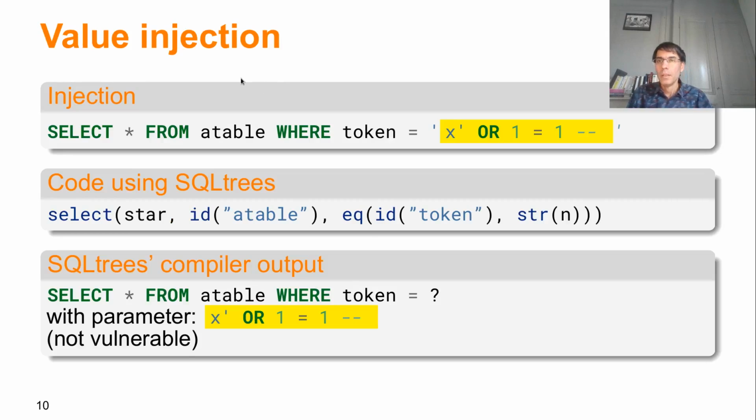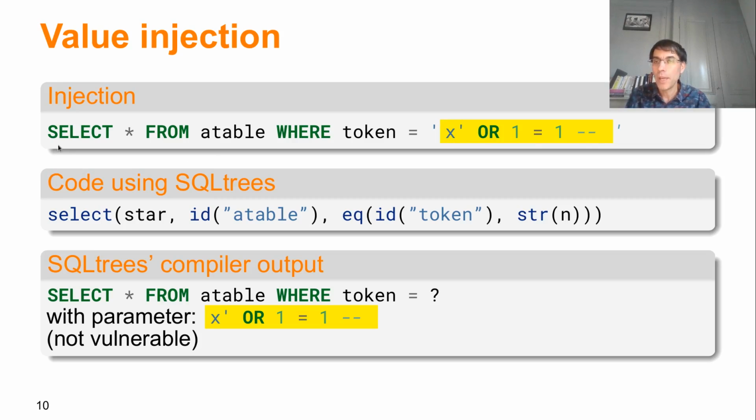Okay, if we have a look at our first example, how does our library work with this example? So the injection was select star from a table where token is equal to quote and then the injected value x quote or 1 equals 1 double dash quote.